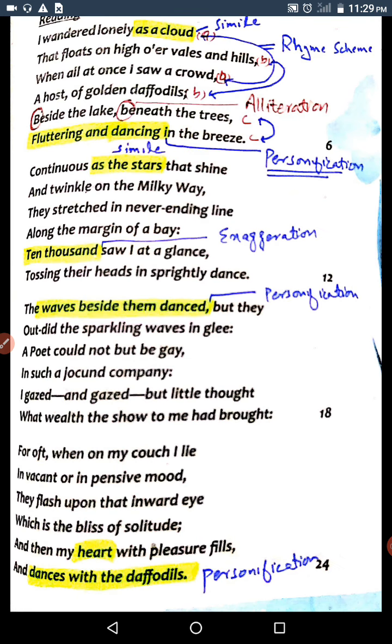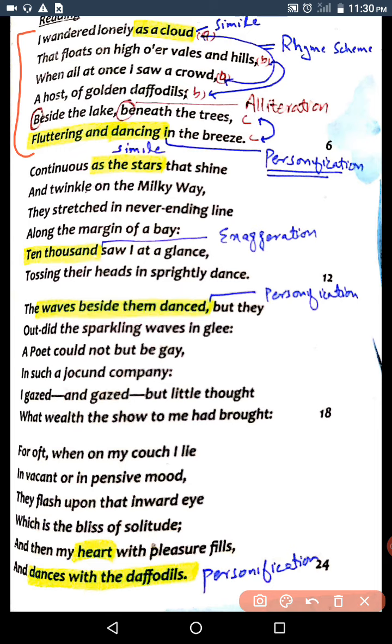Now let us see all these devices in the poem. Now this is the original poem which is on page 32 of your book. Okay? So the first thing we discussed was a stanza. That was the first concept. Now look at this. Here we are having from this place till this place one stanza. 1 2 3 4 5 6 lines are here, and it conveys a single thought. How a single thought?